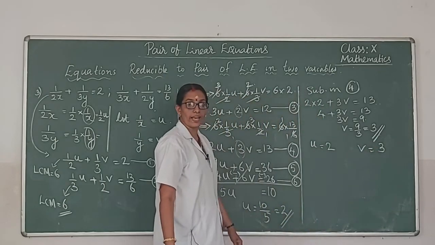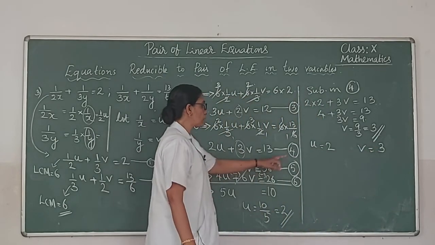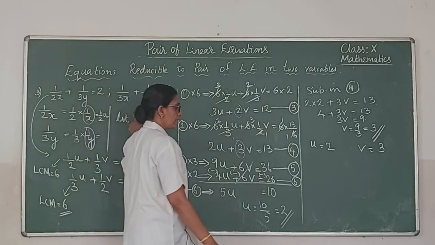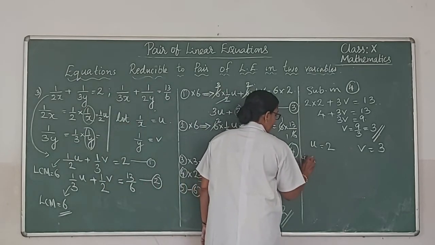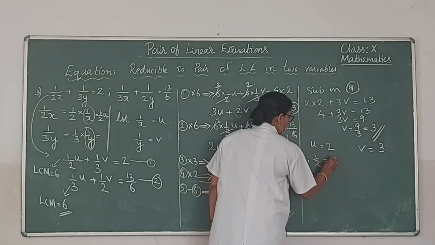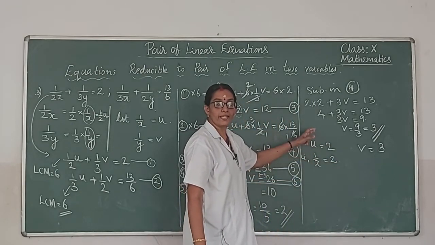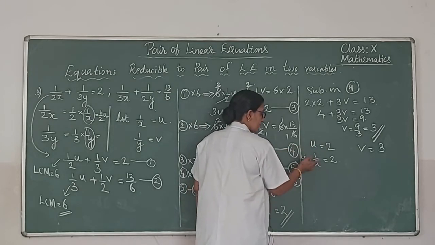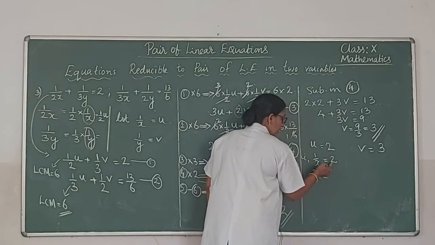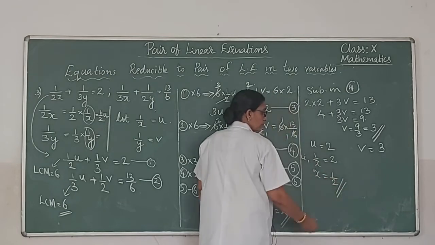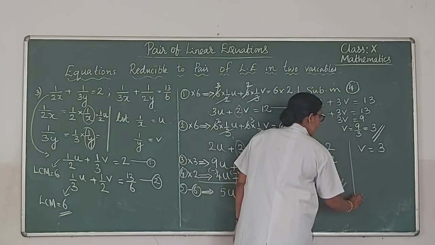Now how will you get the values of x and y? What did we take as u? 1 by x, isn't it? So 1 by x is equal to 2. How will you get x? We have to take the reciprocal. So x is equal to 1 by 2. And v is equal to 3.